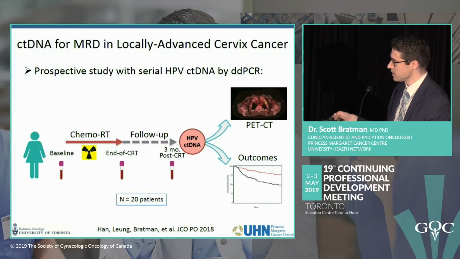Blood was collected at baseline, following chemoradiation, and then 3 months post. We compared with clinical outcomes, but we were also curious about comparing with 3-month post-treatment PET-CT, which is often used, and standardly in the United States, for prognostication in these patients.